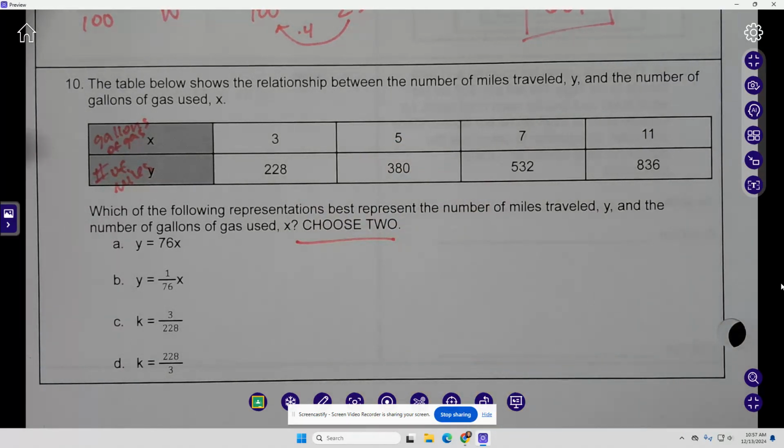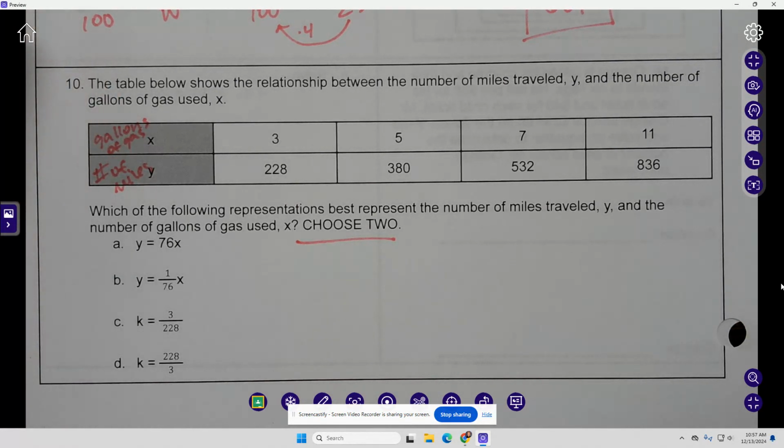Choose 2. So just looking at our answer choices, it looks like A and B have to do with the equation, and C and D have to do with K, the constant of proportionality.